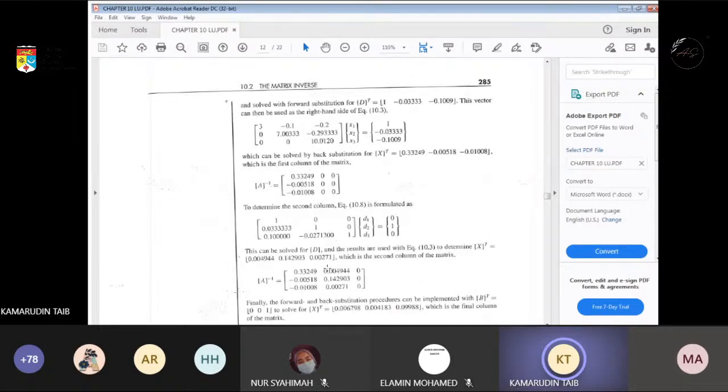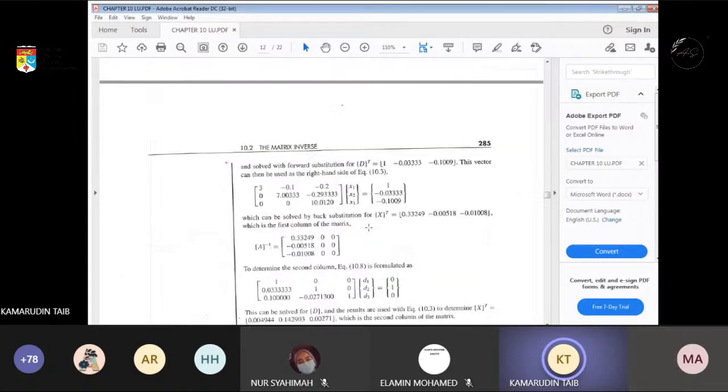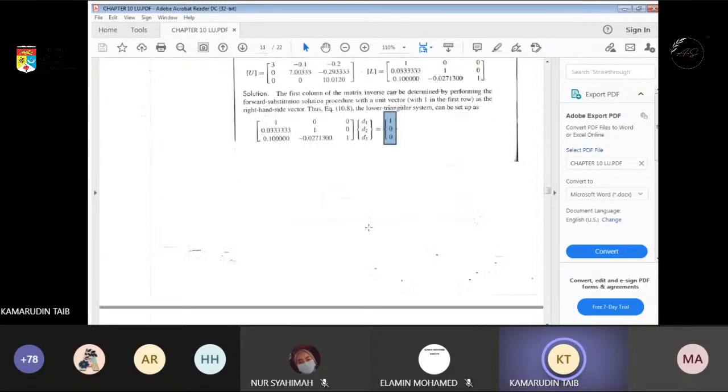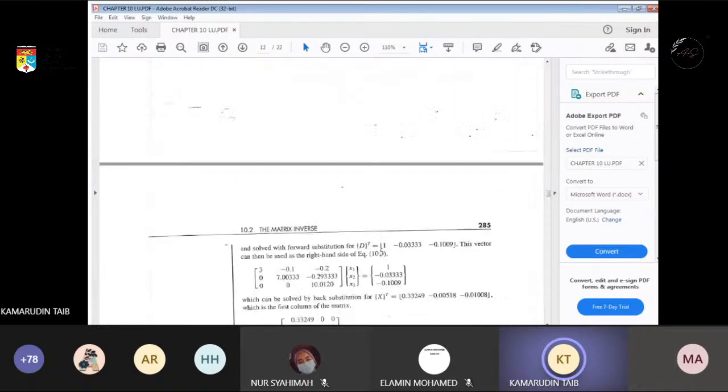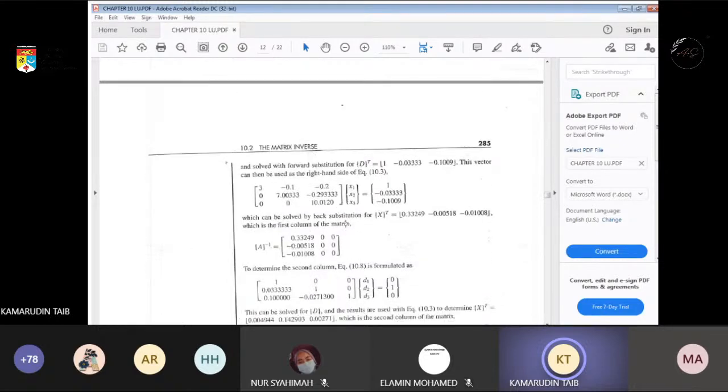So they just cut short without showing you the step-by-step calculation anymore, because it's already shown on the top there. So the answer to this D will constitute the right hand side of the upper triangular multiplied by x, and the x will be the second column of the inverse matrix.